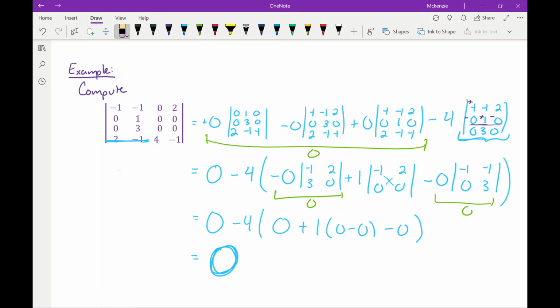If we go back to our matrix before, we actually could have figured out from the beginning that we would have gotten determinant 0 because the second and third rows are multiples of one another. So we know that if we row reduce this matrix, we'd get a 0 row.